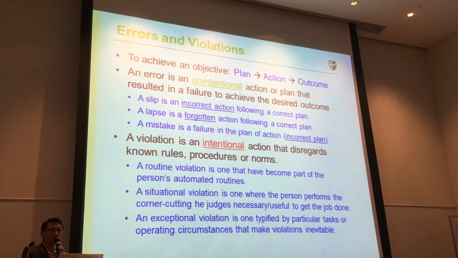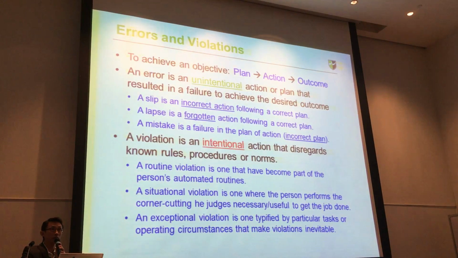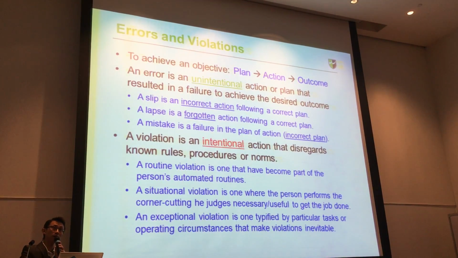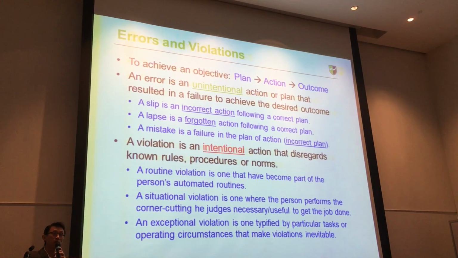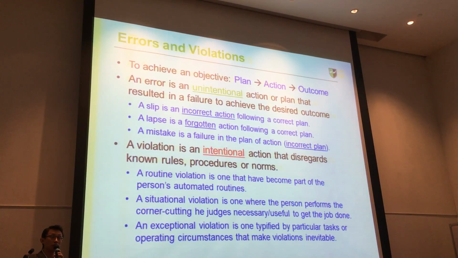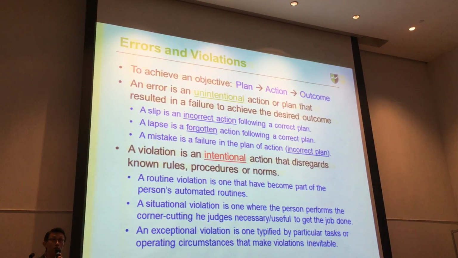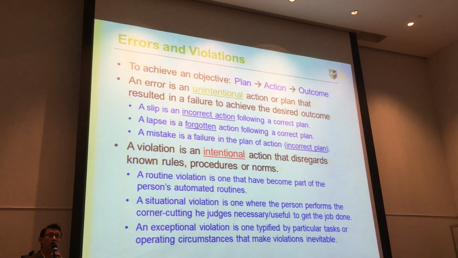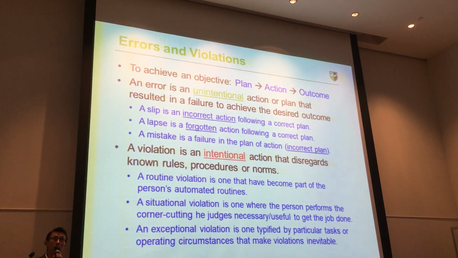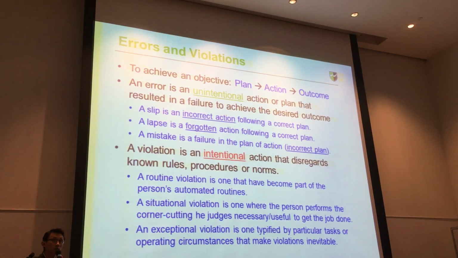A slip is an incorrect action following a correct plan. Your supervisor has a plan for you to go out and fix something, but you decide by yourself to use an alternate way of doing the task. If that results in an accident or incident, then that's a slip.